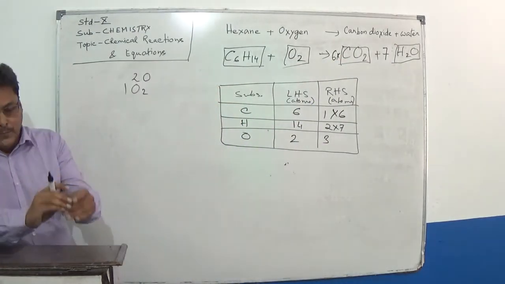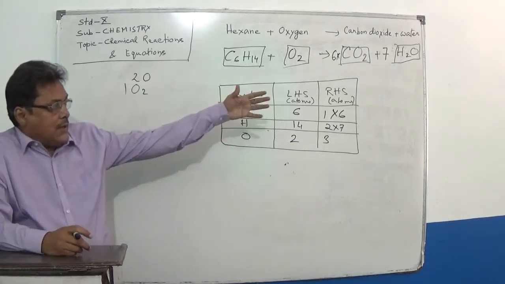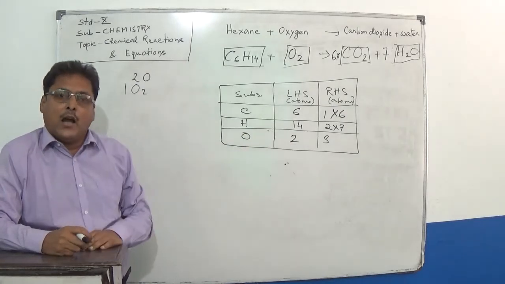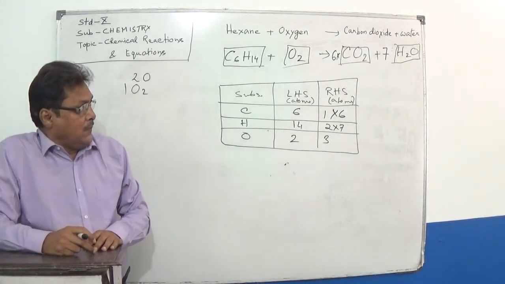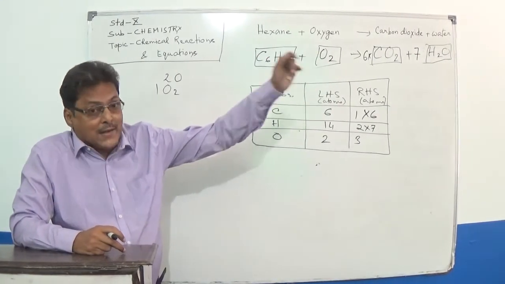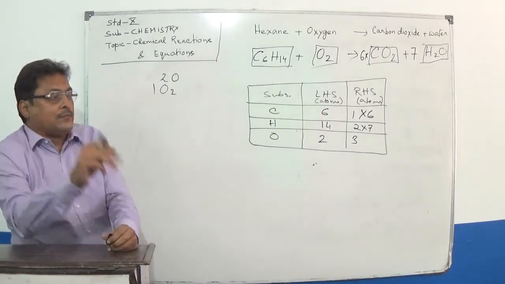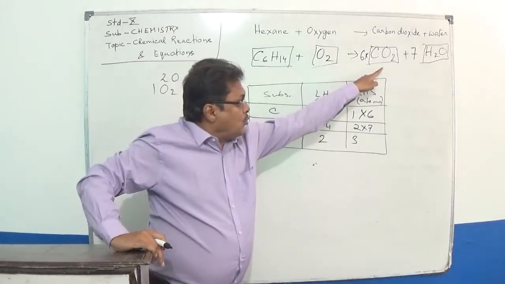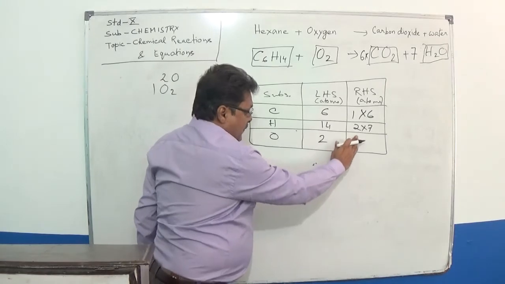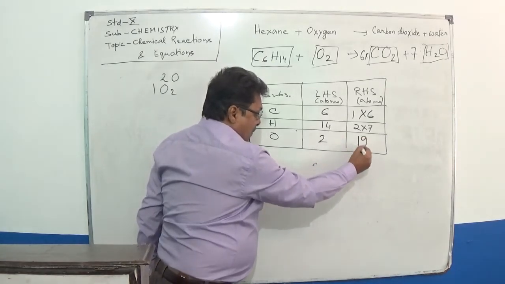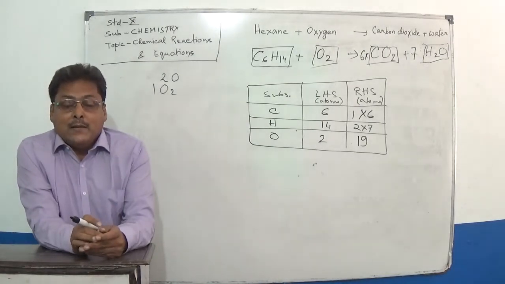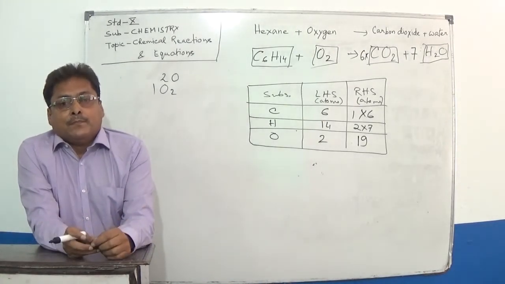What happens? Carbon is balanced. Hydrogen is balanced. How many oxygen atoms are now on that side? 6 into 2, 12, and 7. So now on the product side we have 19 oxygen atoms.